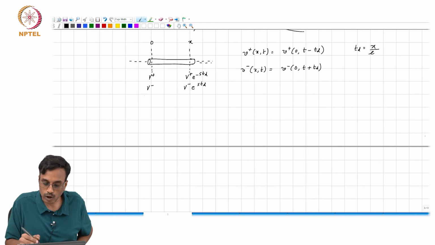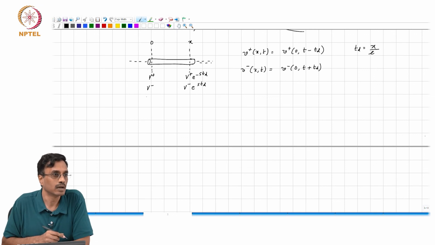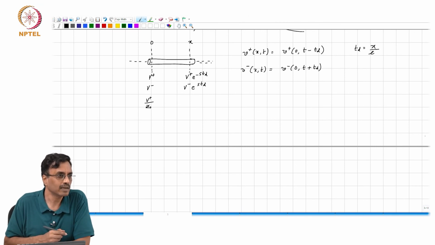Very nice. Now, what comment can we make about I plus, the forward current wave at this point at x equal to 0? We know the forward voltage wave. So, what is the forward current wave? Well, the forward current is V plus over Z naught. The backward current, since the direction is already accounted for, is simply V minus by Z naught.